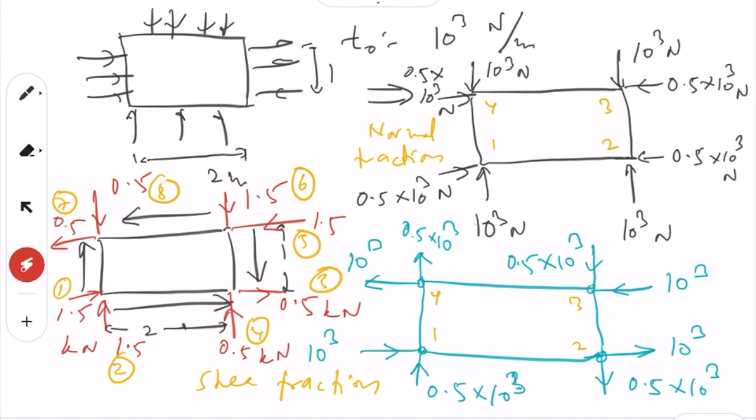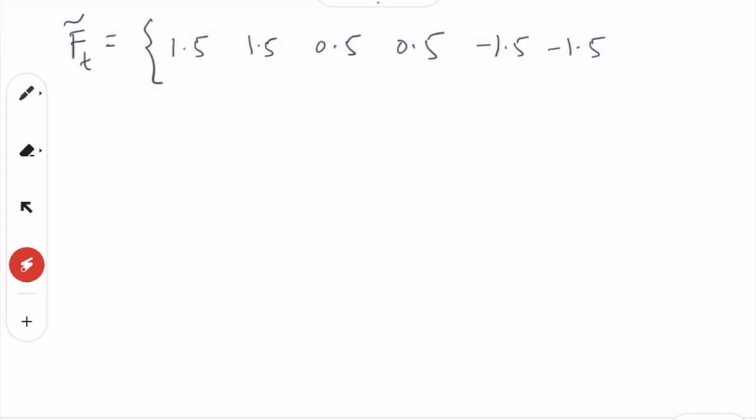So we write here minus 0.5 minus 0.5, and this is the transpose of that.